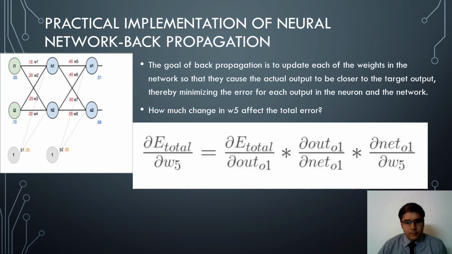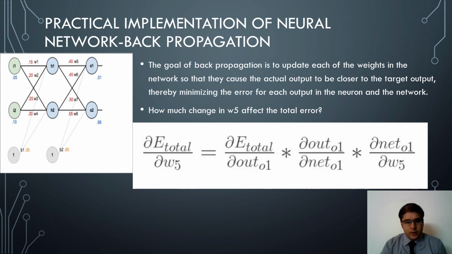Now we discuss backpropagation. The goal of backpropagation is to update each of the weights in the network so that they cause the actual output to be closer to the target output, thereby minimizing the error for each output neuron and the network. So with backpropagation, we can make the system learn by updating its weights so that the actual output is closer to the target output.